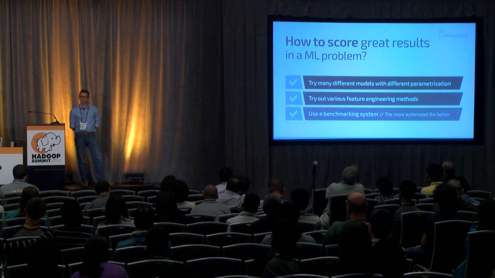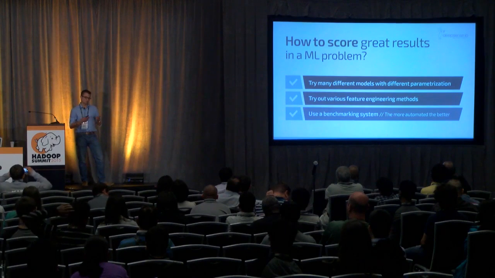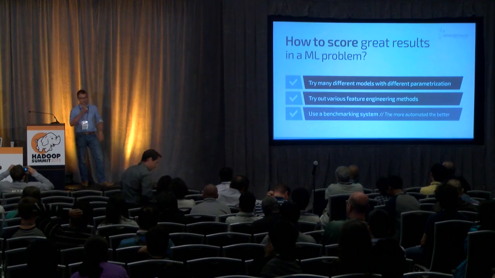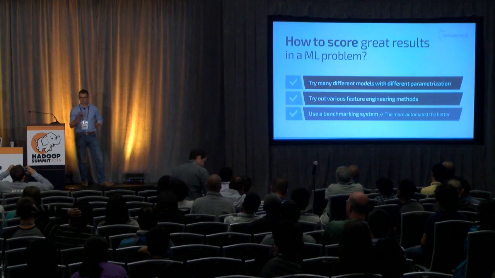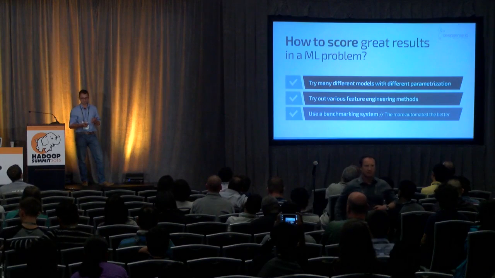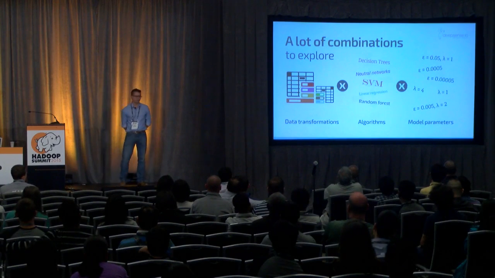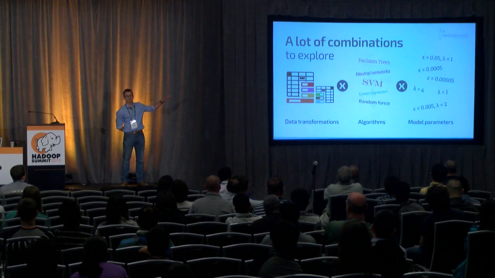And this data transformation part is even more important. And then, once you check many combinations, it is very important to be able to judge which one is best. So basically, a data scientist on a daily basis is exploring this space.